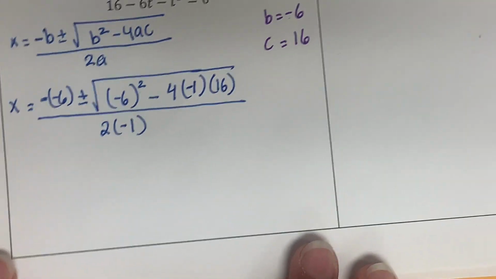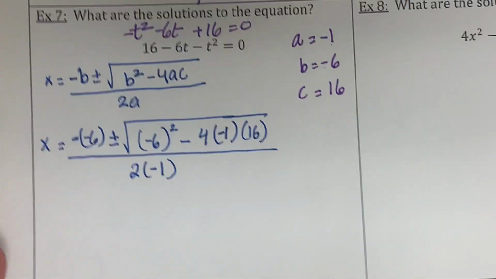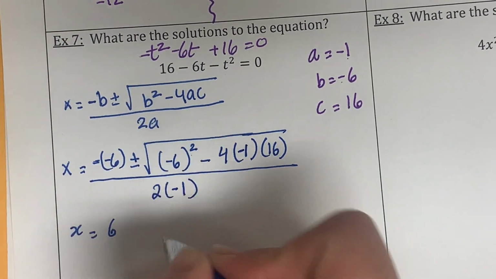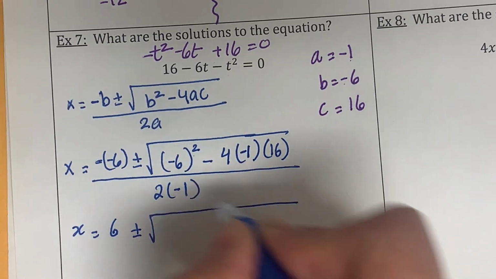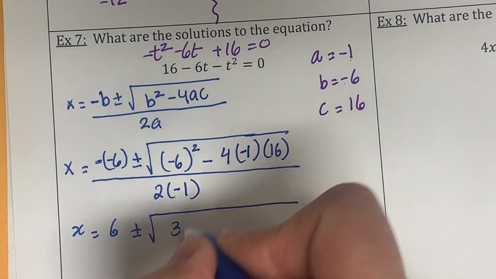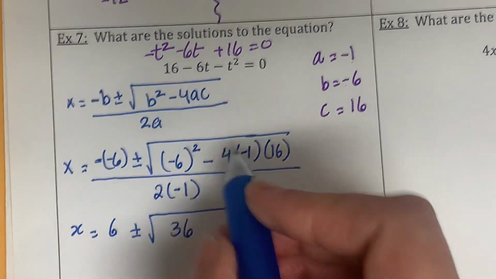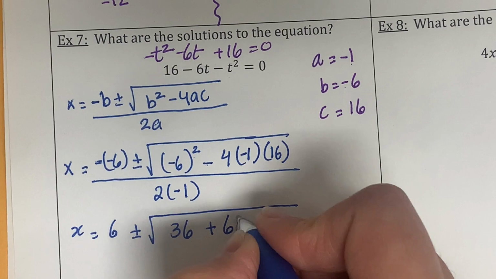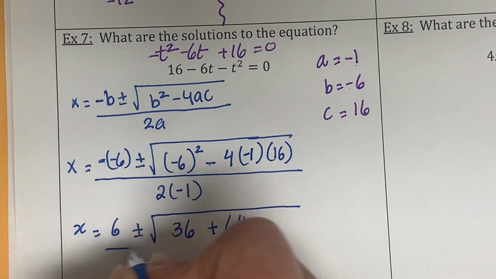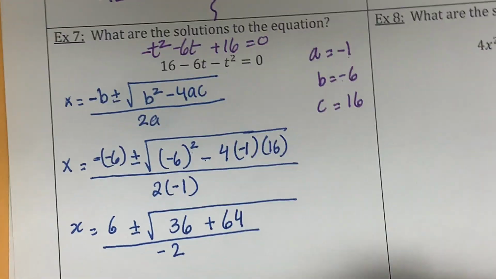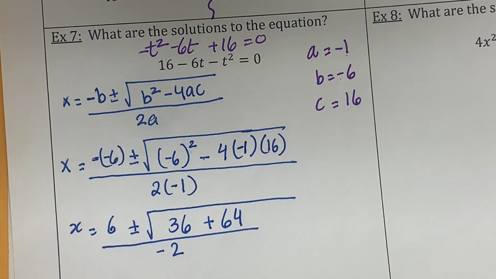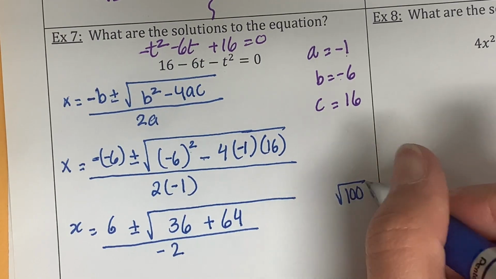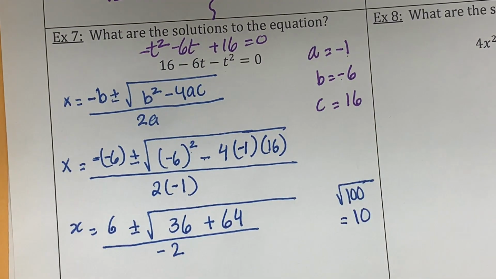All right, let's solve and see what do we get under the root. Well, I do actually have to simplify first. Minus is a plus, so plus 6 plus minus square root of -6 squared is positive 36. And then this part is minus is a plus, and 4 times 16 is 64, over -2. 64 plus 36 is 100. So square root of 100 is basically 10.